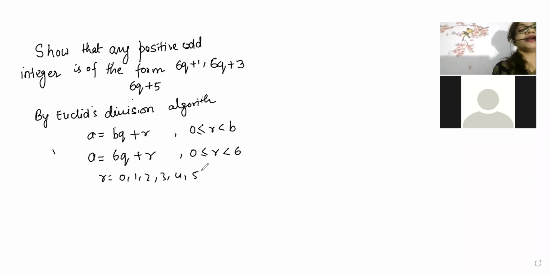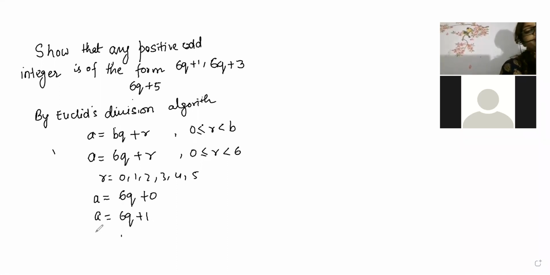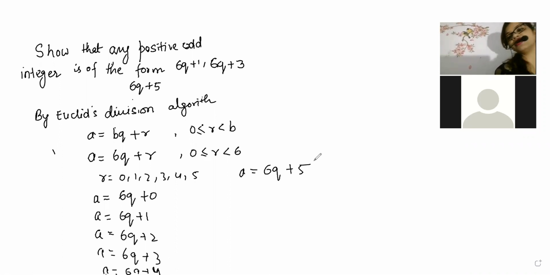So here, beta, now start doing it. A is equal to 6Q when the remainder is 0. Then A is equal to 6Q plus 1 when the remainder is 1, 6Q plus 2 when the remainder is 2, 6Q plus 3 when the remainder is 3, 6Q plus 4 when the remainder is 4, and 6Q plus 5 when the remainder is 5.